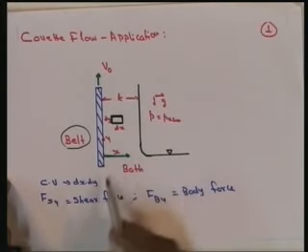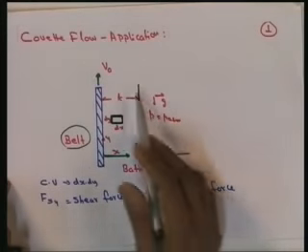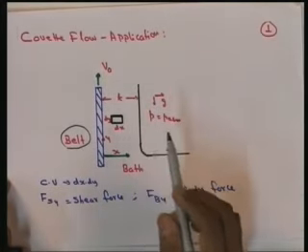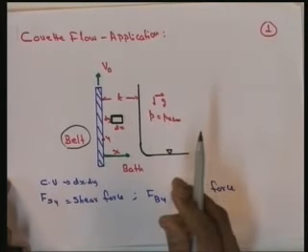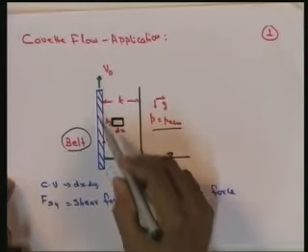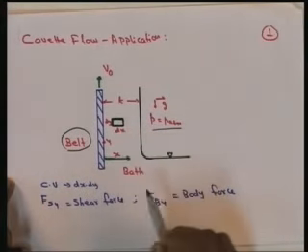Since the belt is moving, it will carry some liquid with it, and we want to find an expression for the velocity. As described in the problem, the assumptions are that flow is laminar, steady and fully developed, and that the atmosphere produces no shear at the outer surface of the film. Here this is the atmosphere, and the belt is moving up.